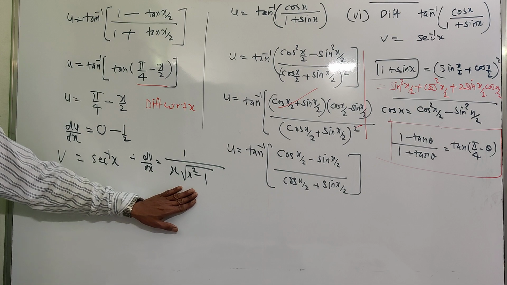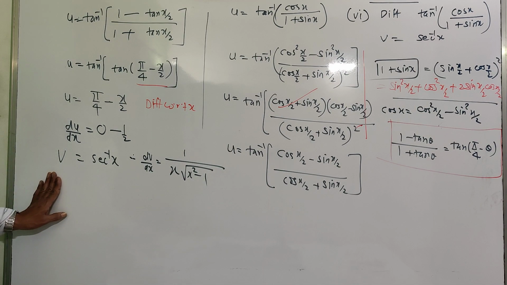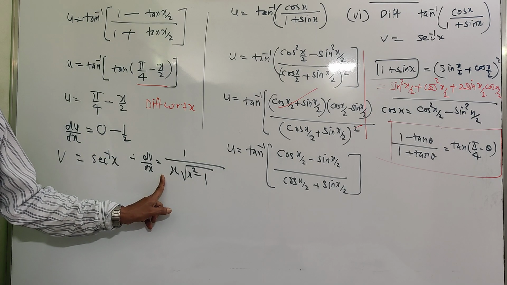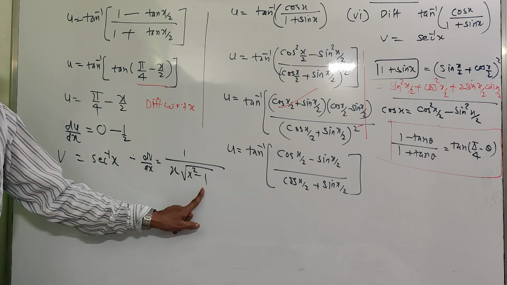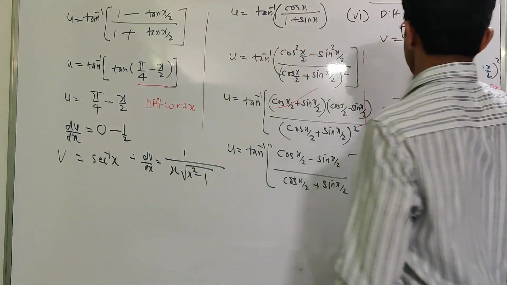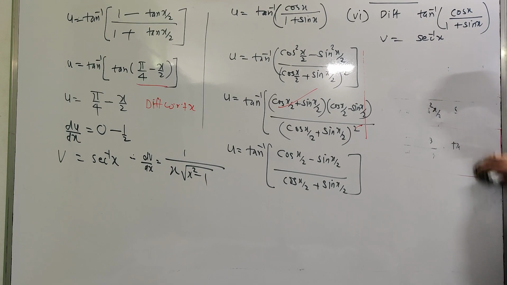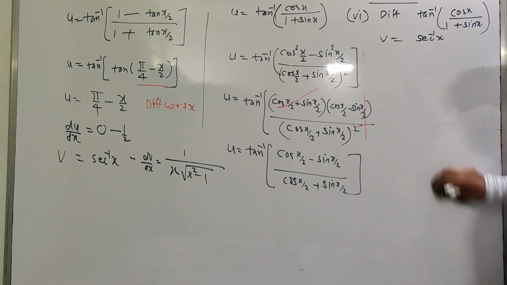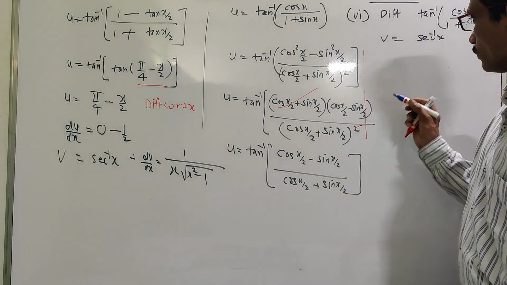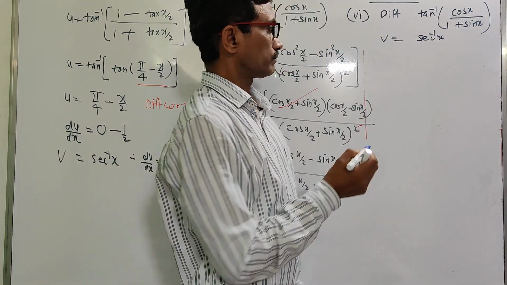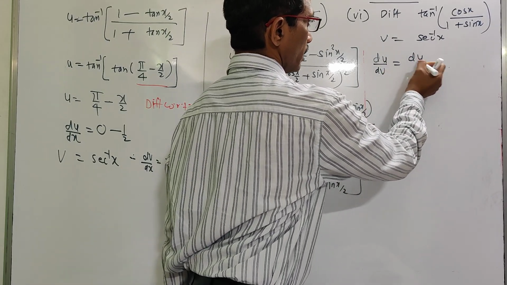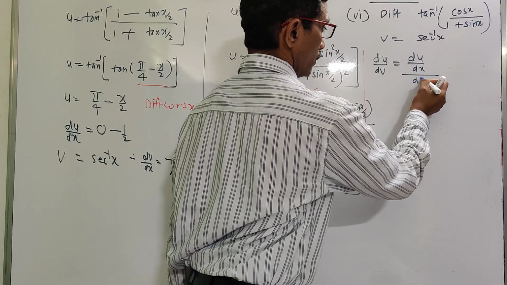Now du by dx is minus 1 upon 2 and dv by dx is 1 upon x root of x square minus 1. So the required derivative of u with respect to v is equal to du by dv, and that is du by dx upon dv by dx.